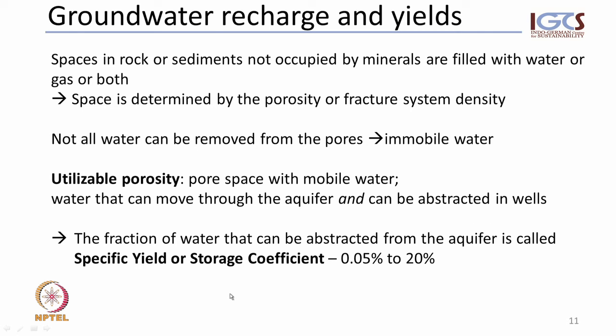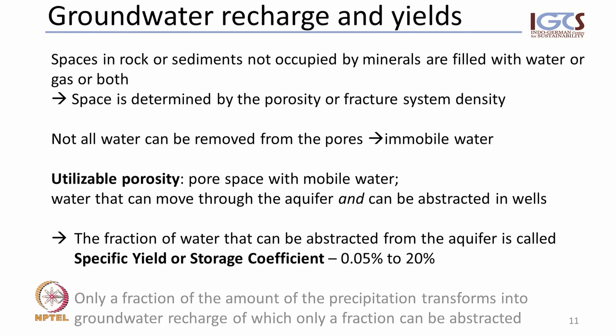The fraction of water which can be abstracted from the aquifer is called specific yield or storage coefficient. That can vary for fractured aquifers around 0.05%, and in a very good aquifer reach up to 20%.